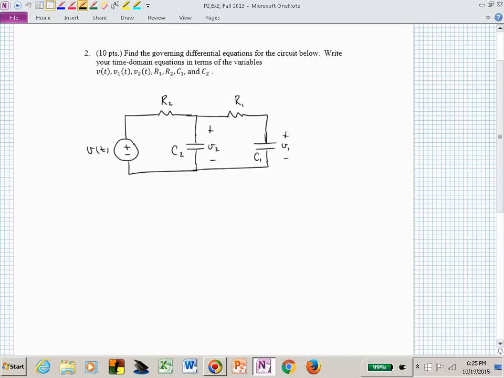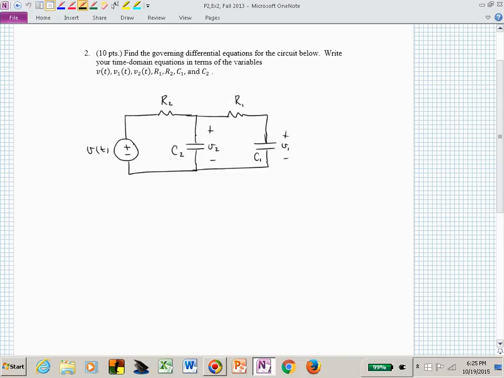KVL, so you would write mesh equations. Okay, I think that's the way that you all kind of like to solve problems. You like to solve mesh equations. This one you might want to do node voltage equations. It's sort of set up that way because of your voltages at the nodes.